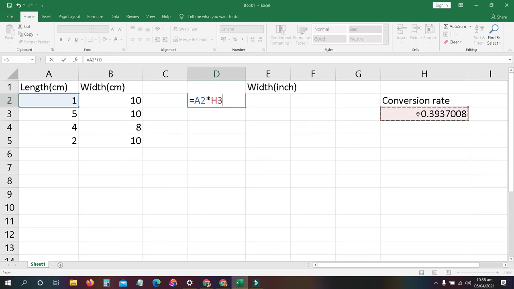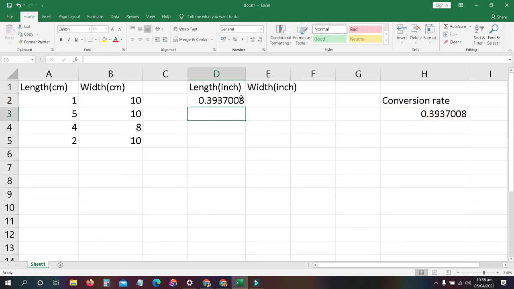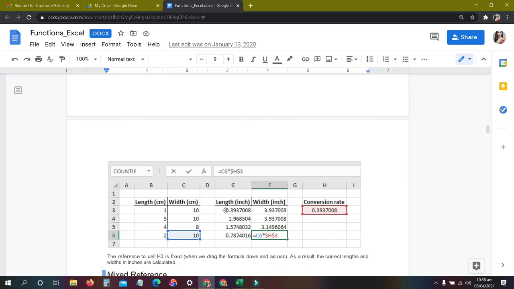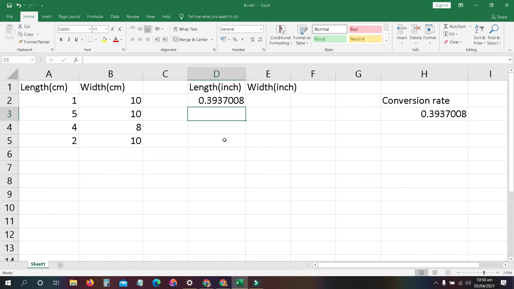Why do we need to use an absolute reference? Okay, later. If we press enter, it will give us the answer. If we compare that one here, the answer is the same. But why do we need to use an absolute?